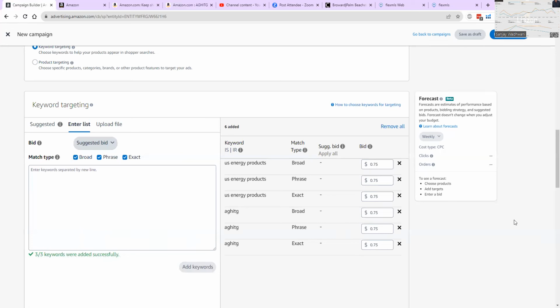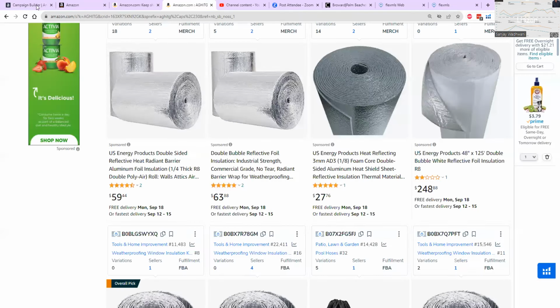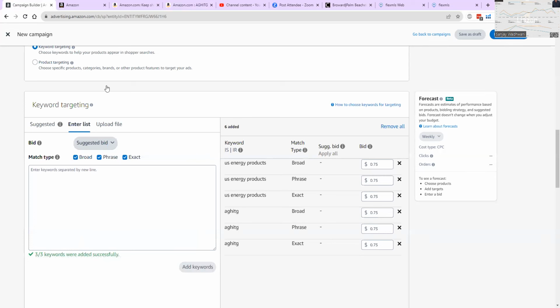So what that means is, if you go after your competition, what I would do in this case is open a self campaign. I put your brand name here, and you're gonna do broad, phrase and exact match, okay?